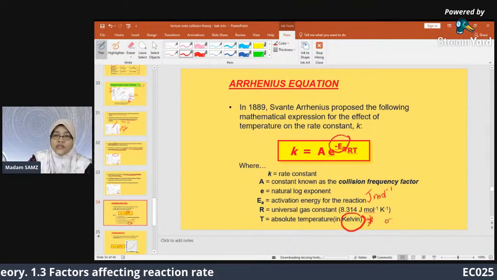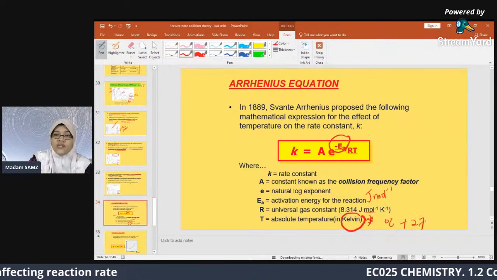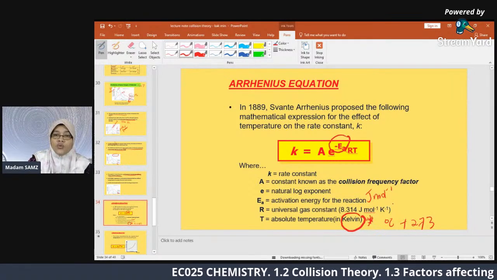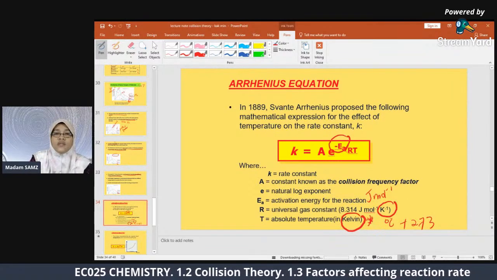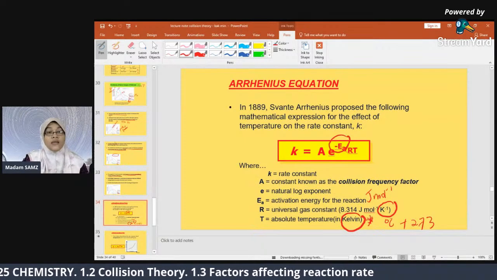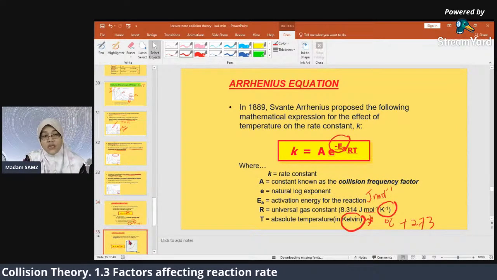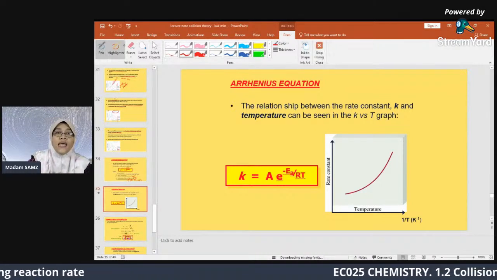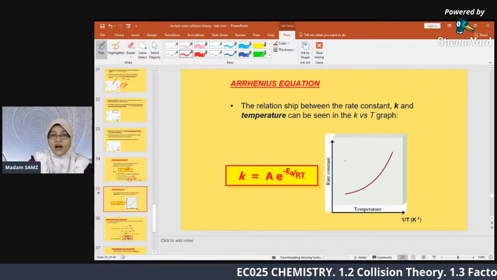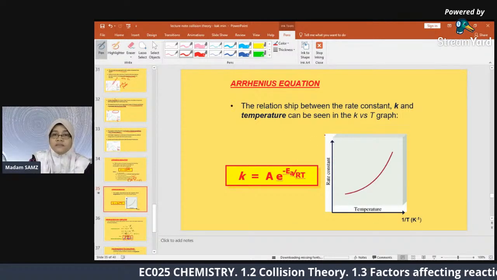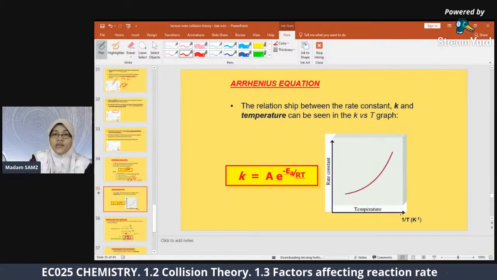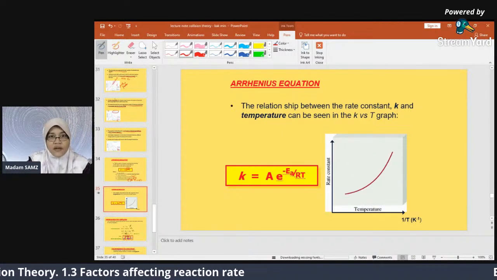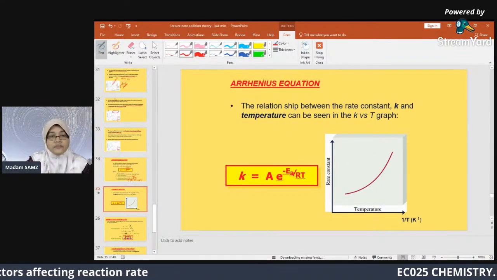Okay, so Celsius you kena add on 273 untuk make sure baru boleh guna Kelvin, sebab kita guna 8.314 dalam unit Kelvin. Alright, so ini Arrhenius equation kamu. Kalau let's say we draw it as a graph, here is rate constant, okay, and here is temperature. This is example of exponent graph.